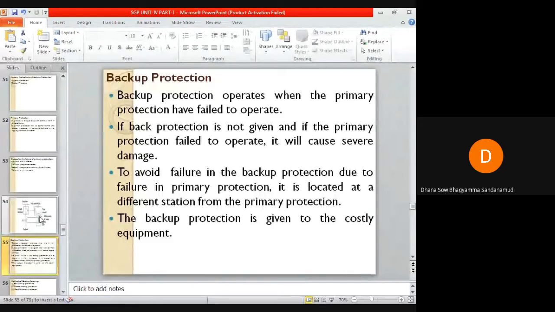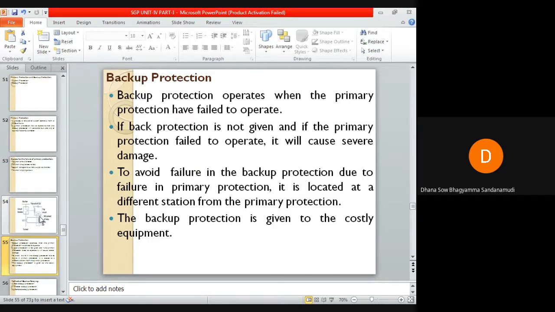Even if backup protection is provided along with the primary protection, and the primary protection fails to operate, the backup protection should not also fail to operate.